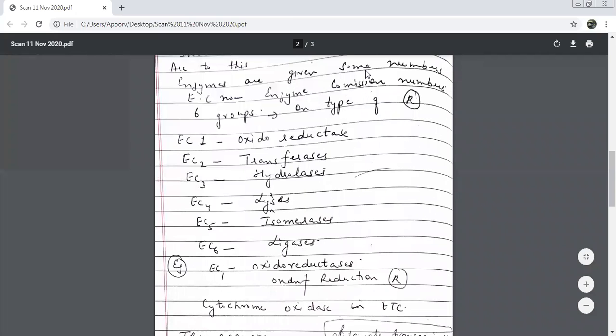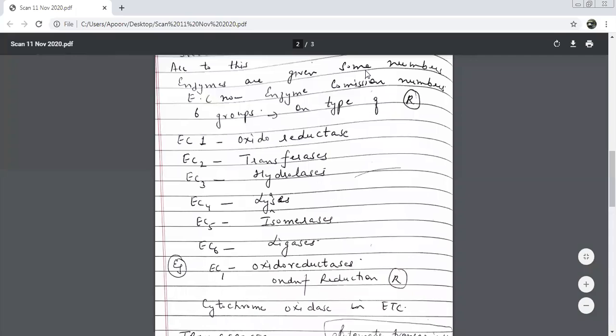Learn the categories. No need to learn the examples, but I'll show you the examples. They'll help you to learn them. That is the only reason why I've taken examples. See the examples also.